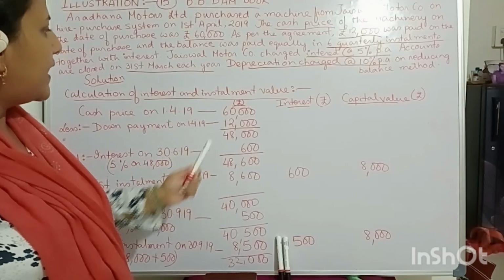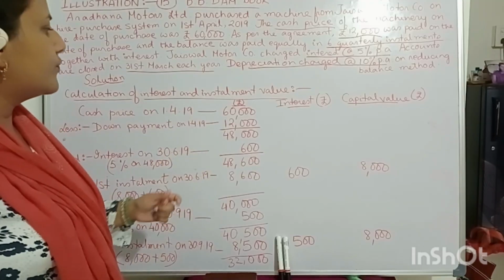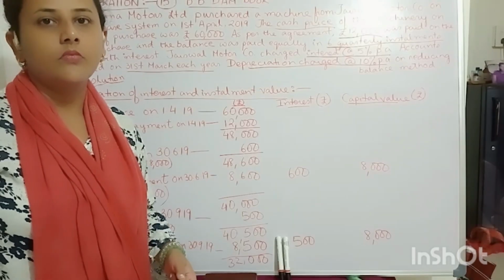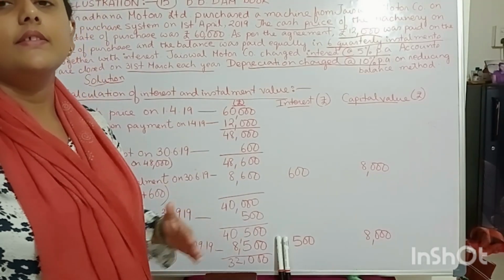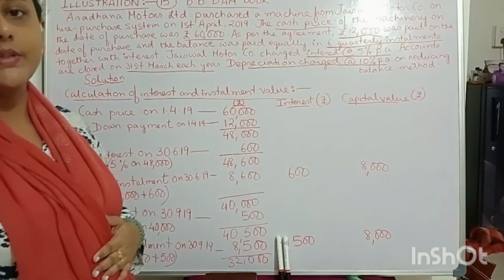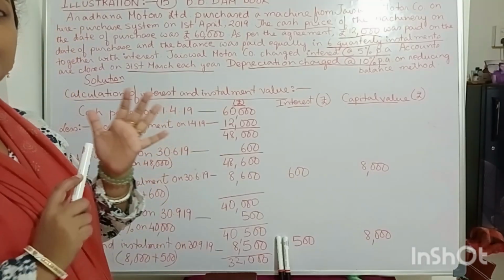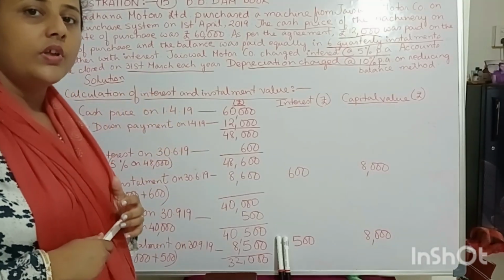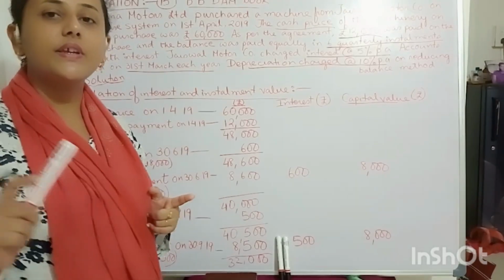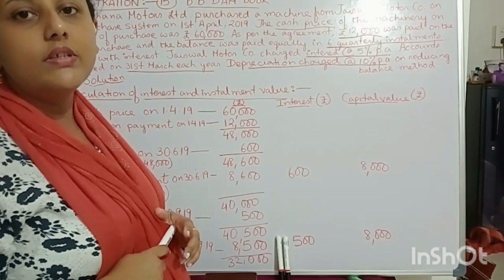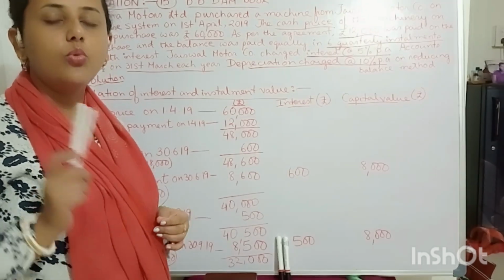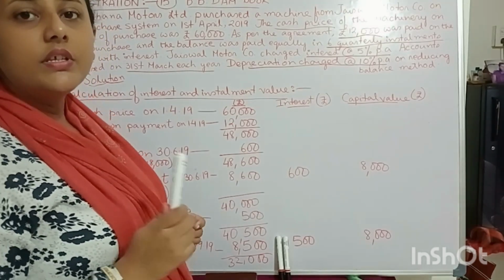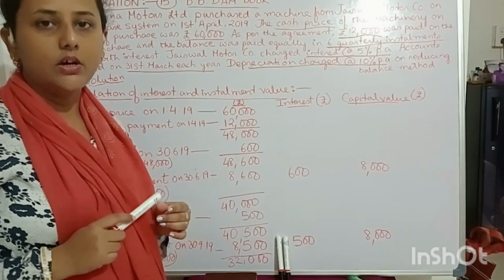So what is the balance amount left over? 48,000. This 48,000 will be paid in 6 quarterly installments. If 48,000 is paid in 6 quarterly installments, then what is the price of one quarter? One quarter installment is only rupees 8,000.